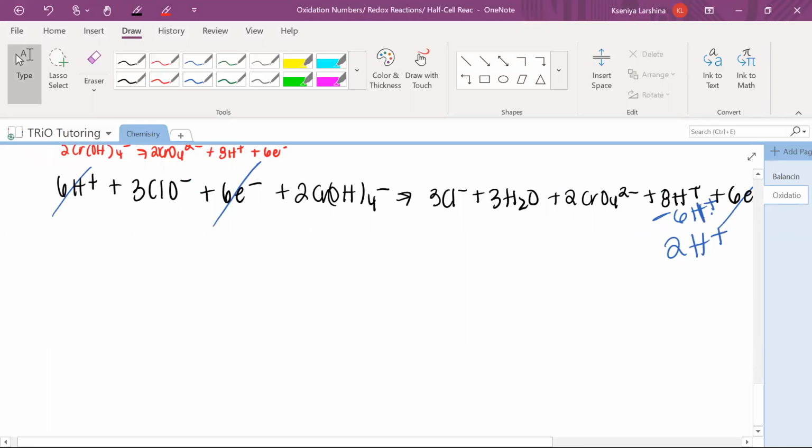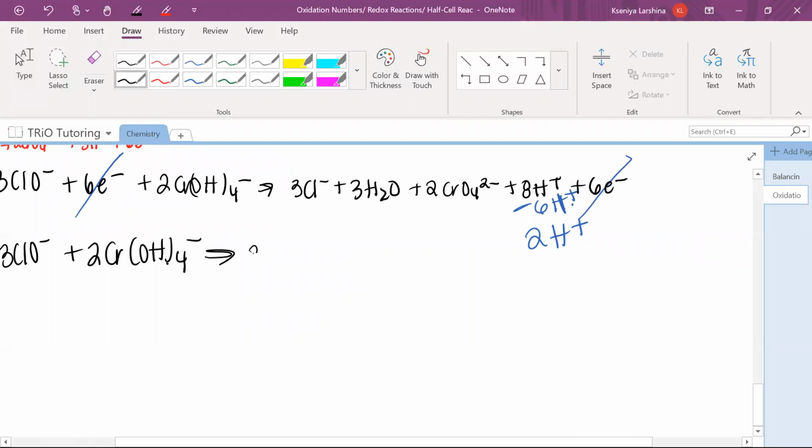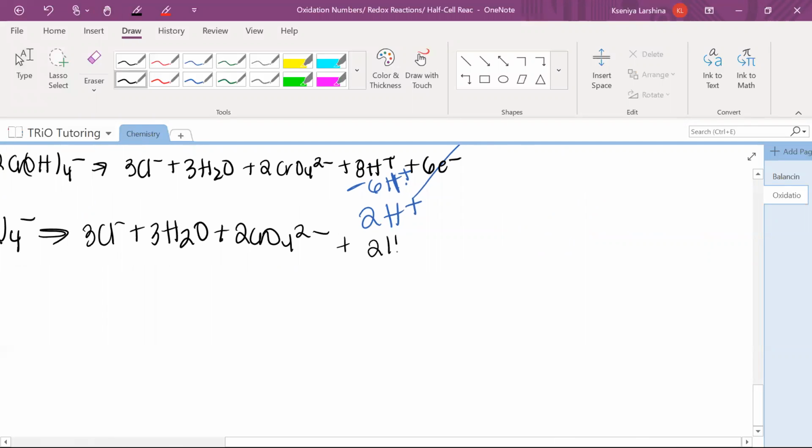So now your reaction would be 3ClO negative plus 2CrOH4 negative, going into 3Cl negative plus 3H2O plus 2CrO4 2 negative, plus 2H plus.